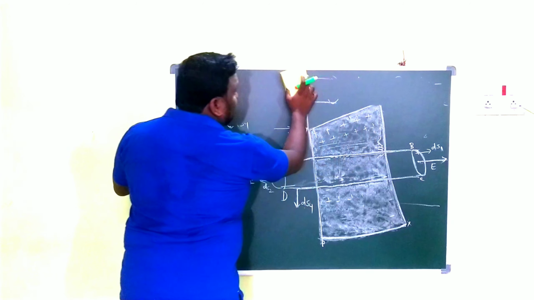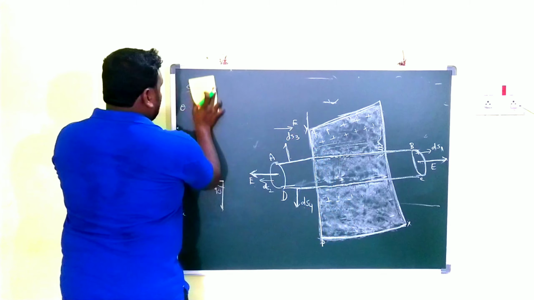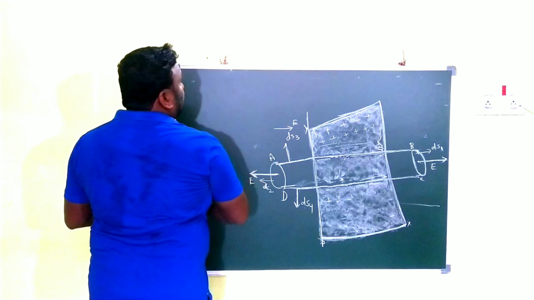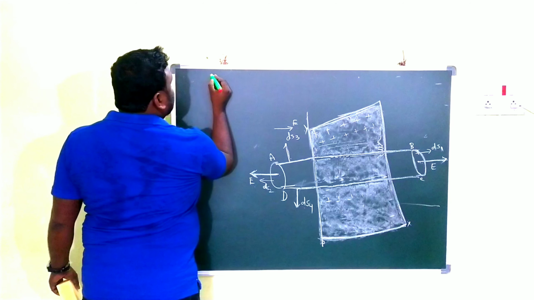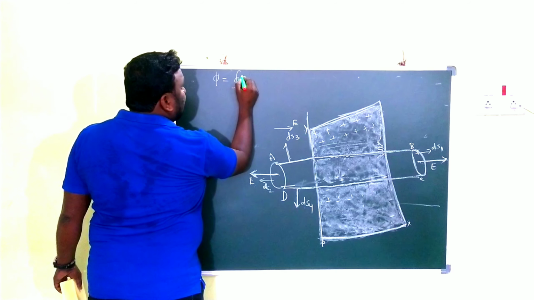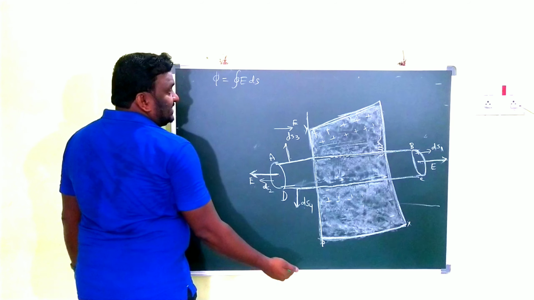So already we know the formula. What is that? Electric flux is equal to the closed integral of E dot ds.